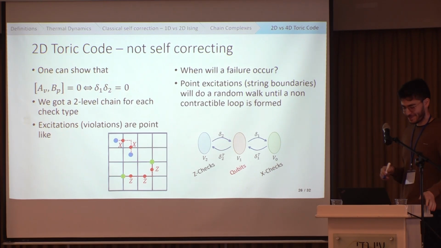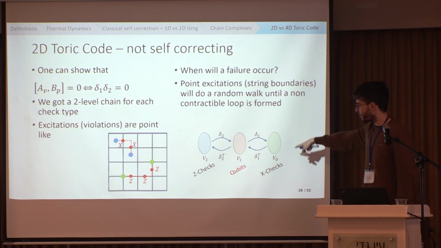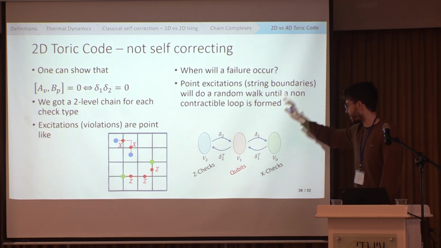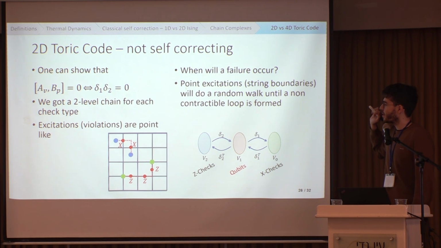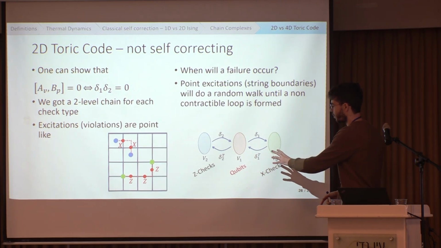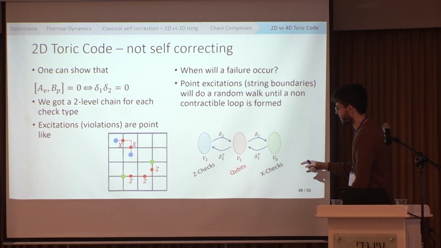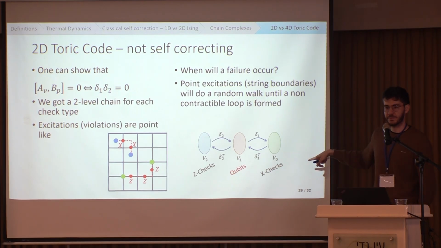Okay, we'll make it. So we can also see in this chain complex, when we put the Z checks like this and X checks like this, that the fact we made the walls like this means we have 2 spaces between the 2 types of checks.